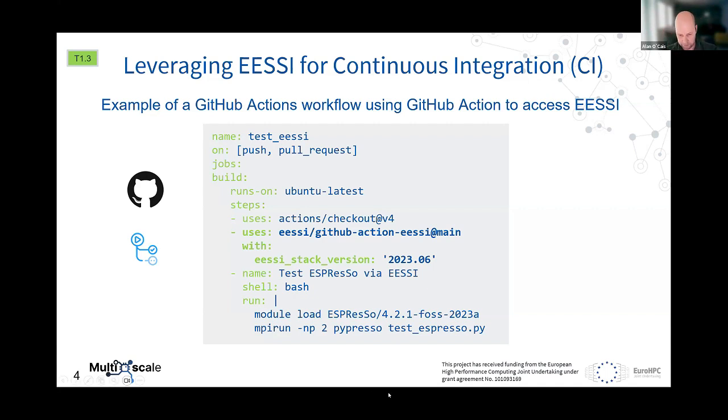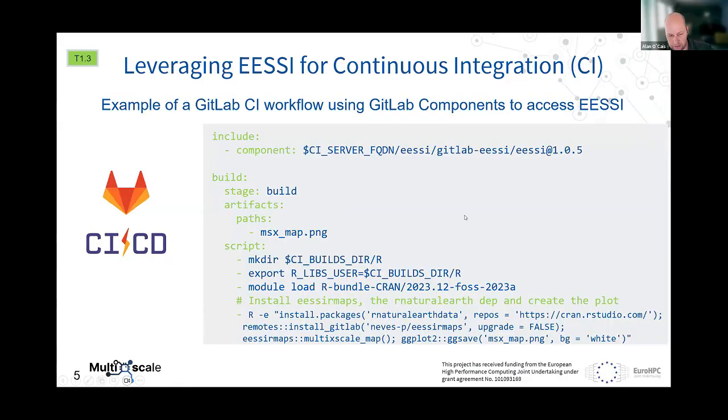In terms of GitLab CI/CD, it's not dissimilar. It's the same kind of YAML syntax. In this case, you need to include what they call a component. You need to give this a value here.